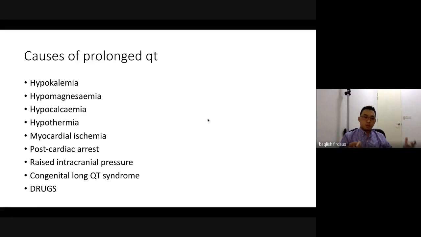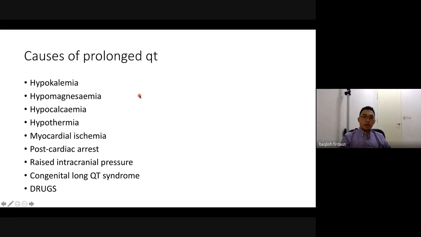Like I mentioned just now, hypokalemia is important. Electrolytes are very important in cardiology. You must correct all electrolyte imbalance in patients who have ACS or in the ward. That's why if you notice, your MO or the specialist is always concerned about hypokalemia, hypomagnesemia or hypocalcemia.